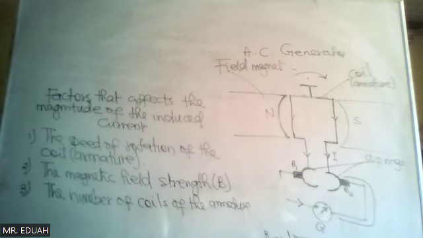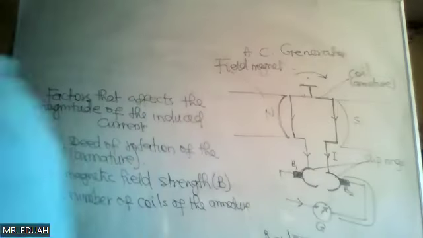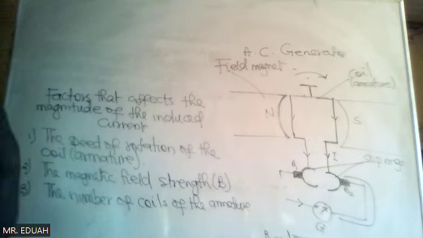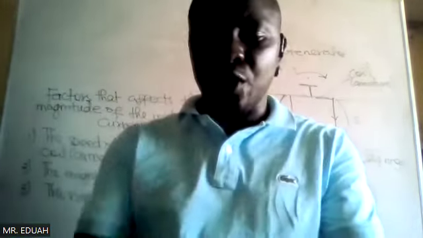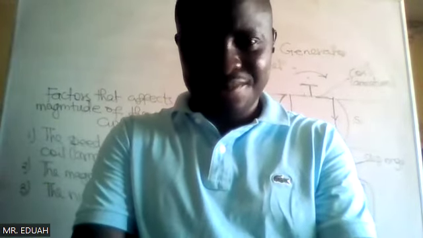And then the cost is also less in transporting alternating current. So here we are looking at transportation over long distances with minimal loss of energy, and the cost involved in transporting AC is also less than DC.